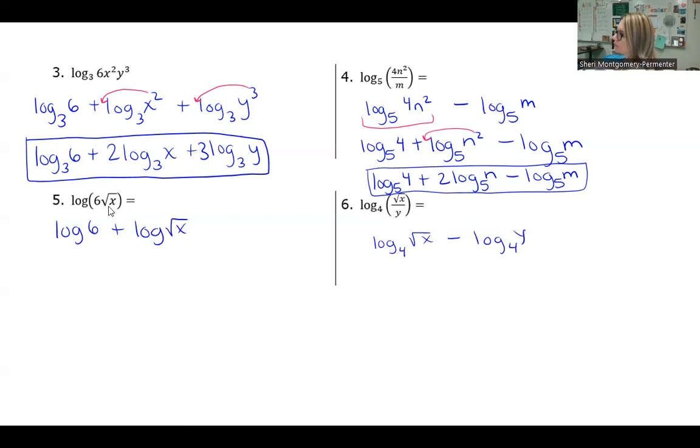So we need to remember from last unit that you can rewrite any square root as a rational exponent. So a square root means that you're raised to what power? 1/2 power. So the square root of something means the same thing as to the 1/2 power.